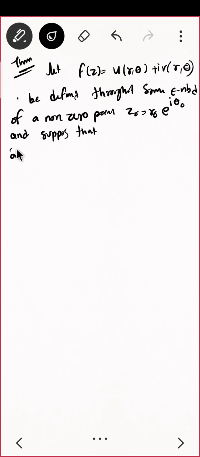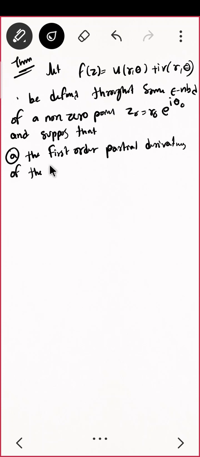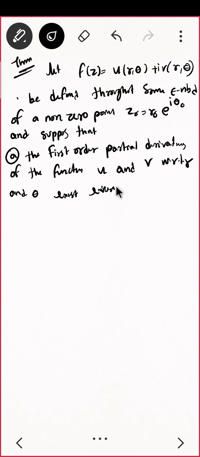the first condition, what was the first condition there? Each of the partial derivatives must exist. So here also it will be the same: the first order partial derivatives of the functions u and v with respect to r and theta exist everywhere in the neighborhood.